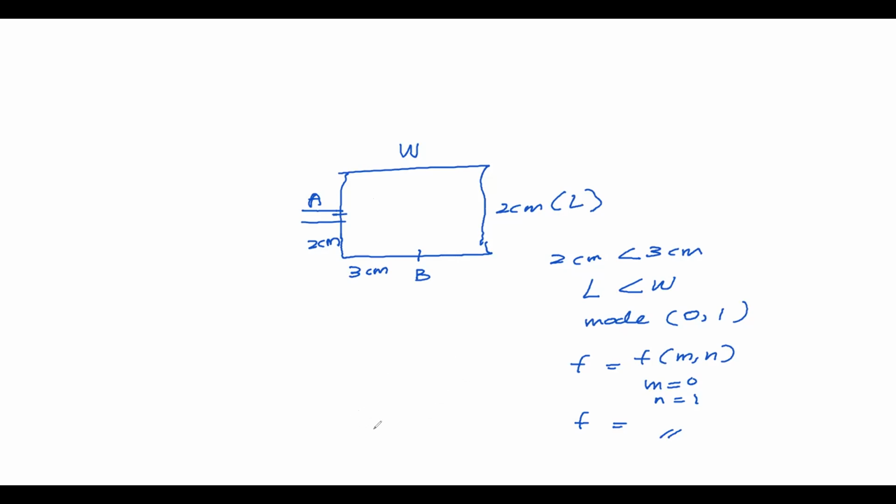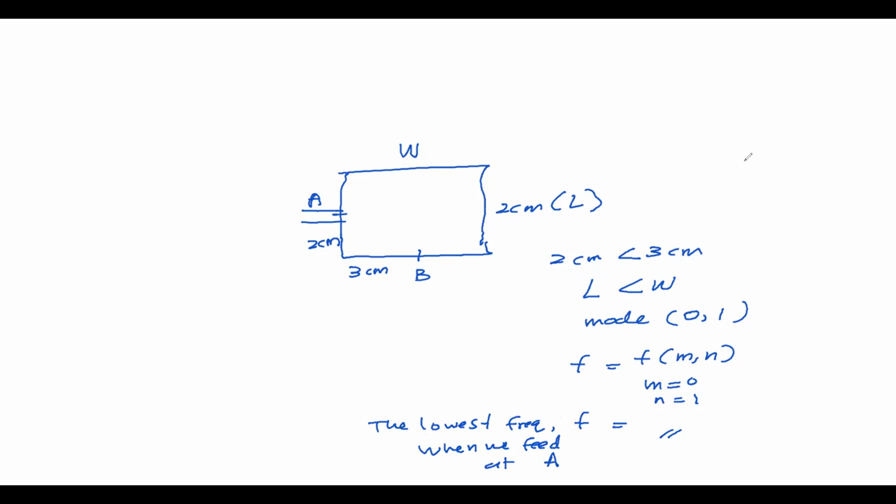So the lowest frequency F when we feed at A is going to be the value that you calculate from the equation once you substitute 0 and 1.